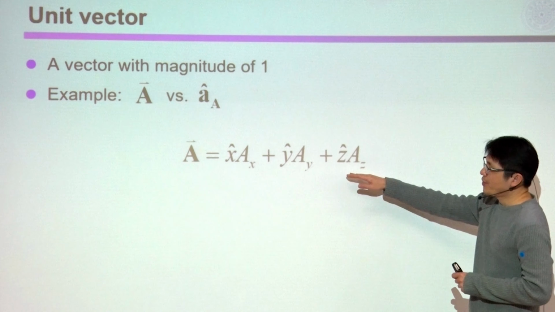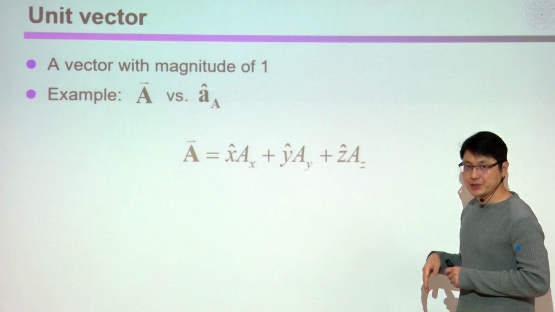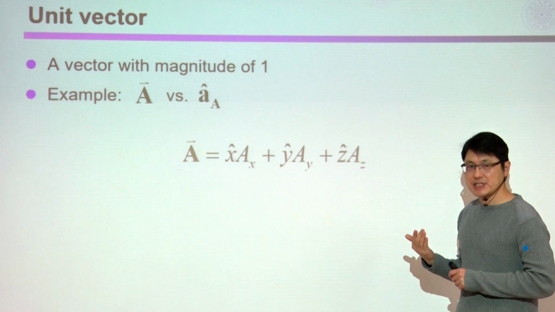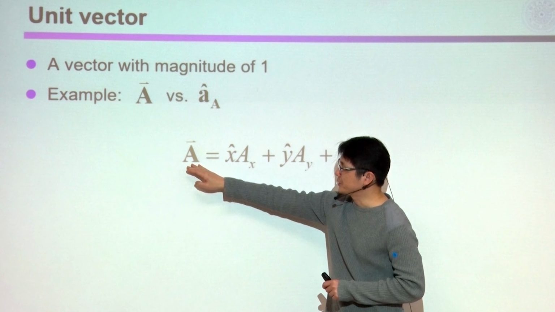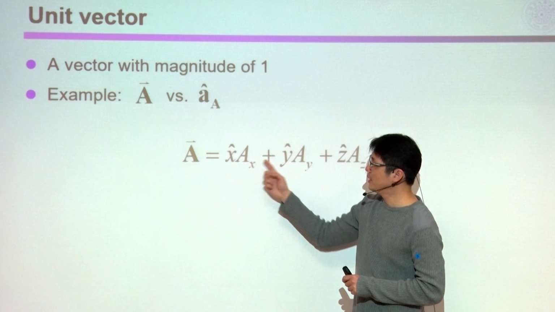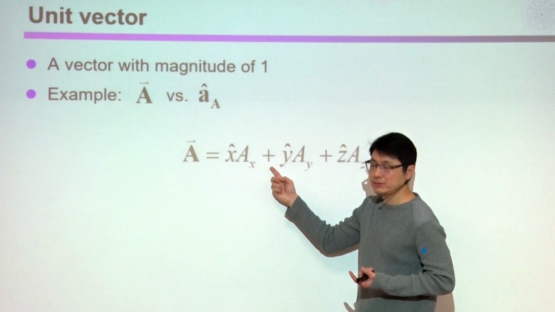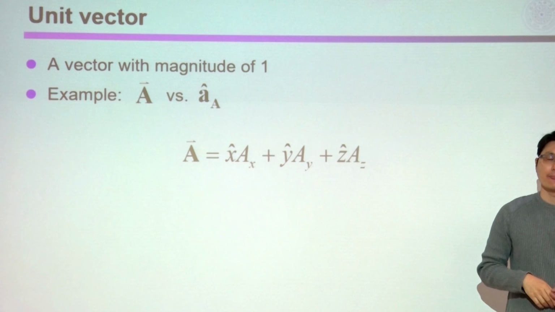So I'll start with the introduction of a generalized vector in the Cartesian coordinate, x, y, z. So if you have a vector, it has certain magnitude in the x direction. You can also have another magnitude in the y direction and the z component. Okay?